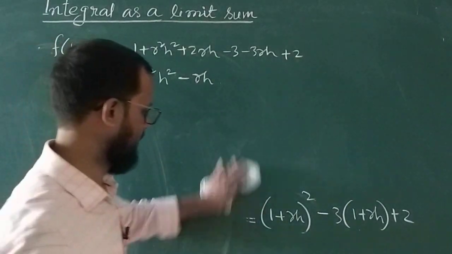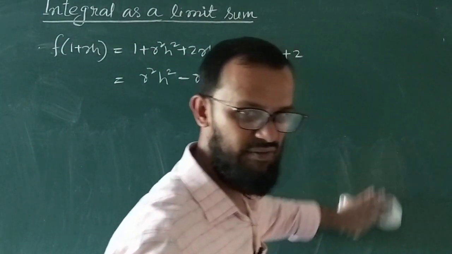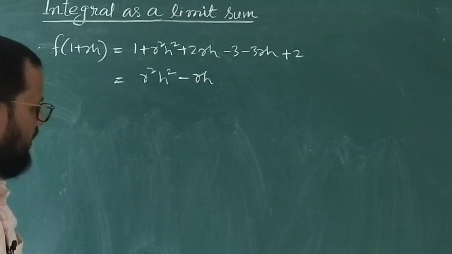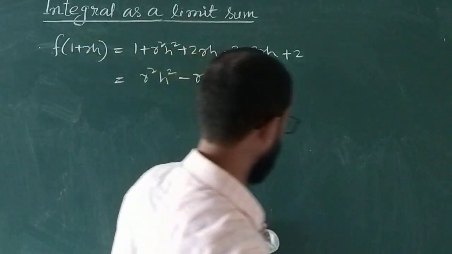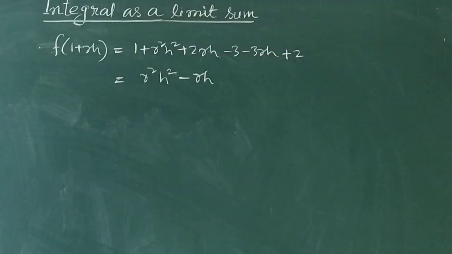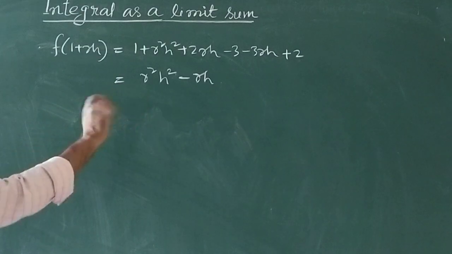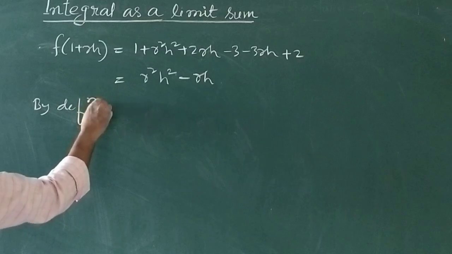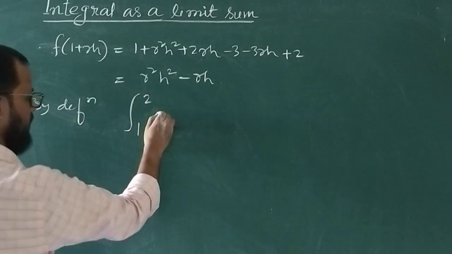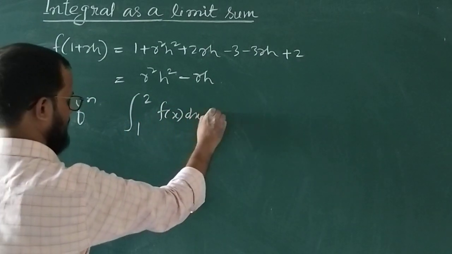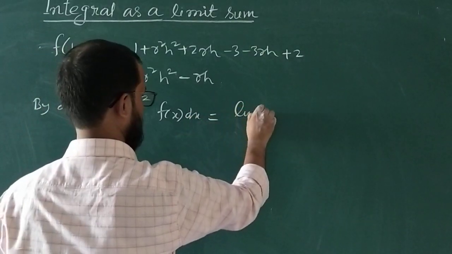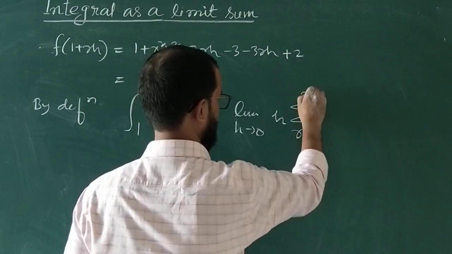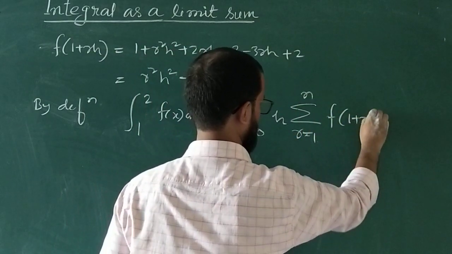Now use the definition. What is the definition? Integration of fx dx is equal to what? Limit h tends to 0, summation r equal to 1 up to n, h f of a plus rh, right? So therefore by definition, integration from 1 to 2 of fx dx equals limit h tends to 0, h into summation r equal to 1 up to n f of 1 plus rh.